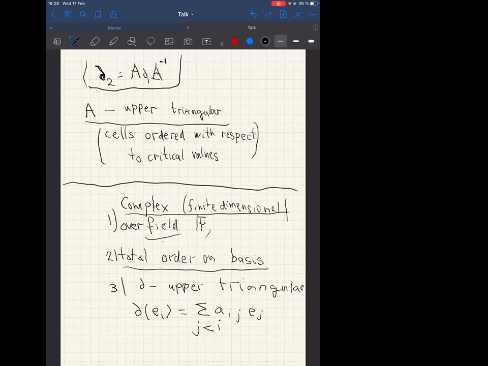So it is exactly the inequality that j is strictly less than i. And d squared, of course, is 0. And we have an action of upper triangular isomorphisms on that space. And the problem is to describe the orbits.